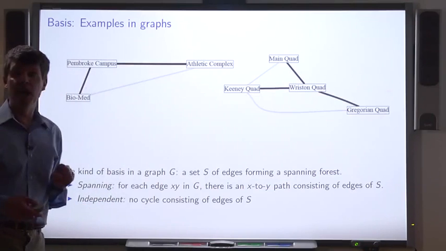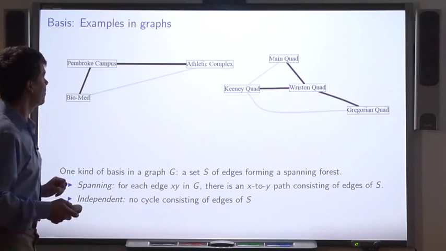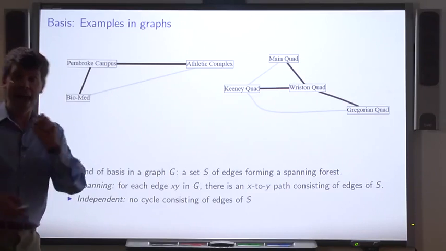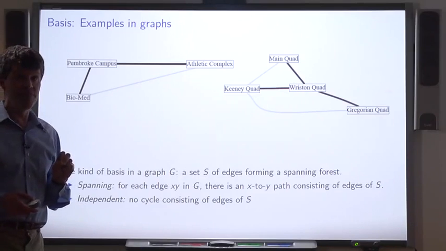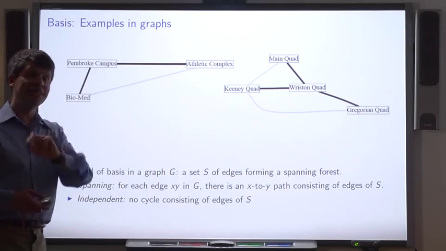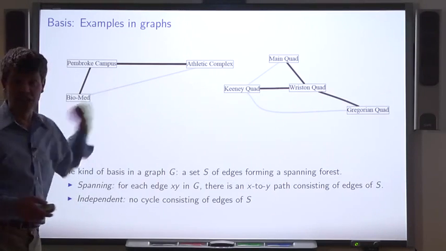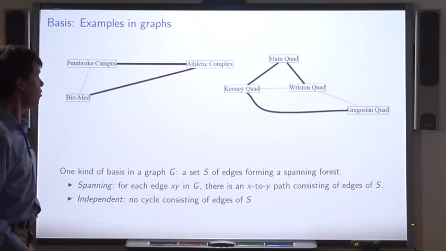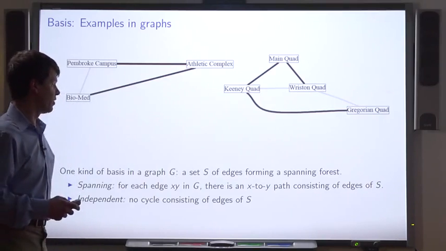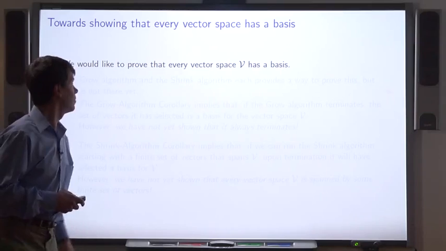So here's an example of a spanning forest in the graph. There are no cycles, and every edge in the original graph has its endpoints connected using edges in the set of dark edges. Here's another example of a spanning forest for the same graph.